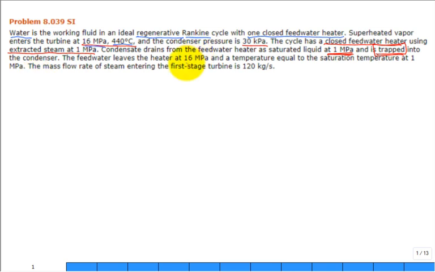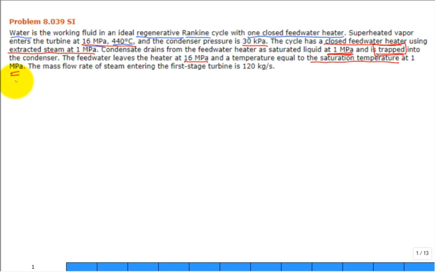The feed water leaves the heater at 16 megapascal. That's the high pressure, and at a temperature equal to the saturation temperature at 1 megapascal. Well, if you have your steam table, you can look up the saturation temperature at 1 megapascal. We'll do that.